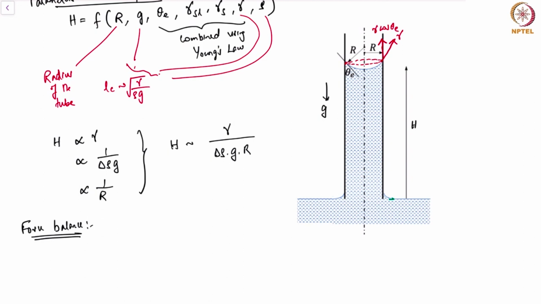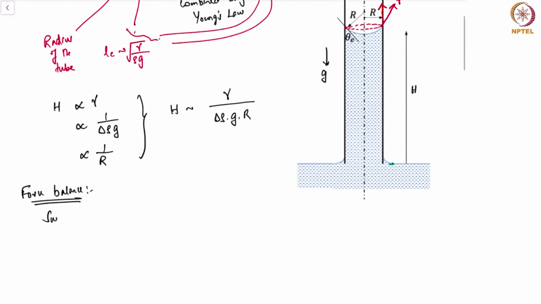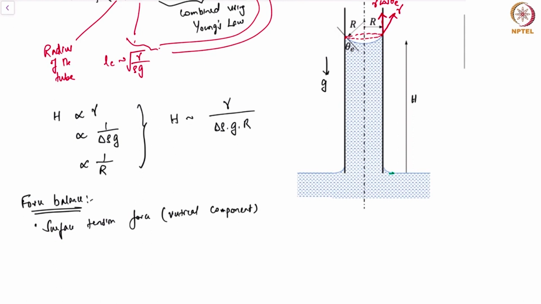So the surface tension force, vertical component, we'll call it Fs, and this would be gamma cosine of theta e.